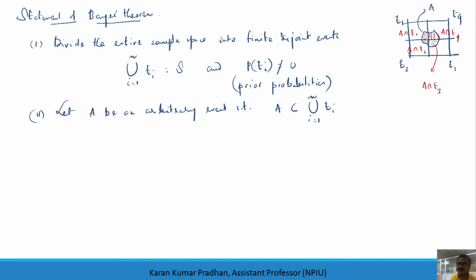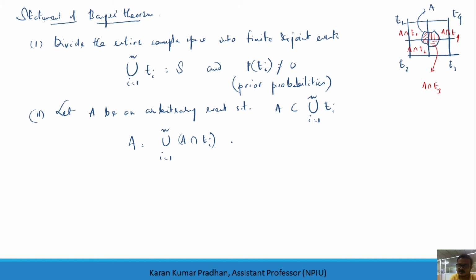So if I take the union of all these disjoint events, what will I get? Definitely the given information. So A can be written as the union of A intersection Ei, i running from 1 to n, though here we have taken only 4 events.